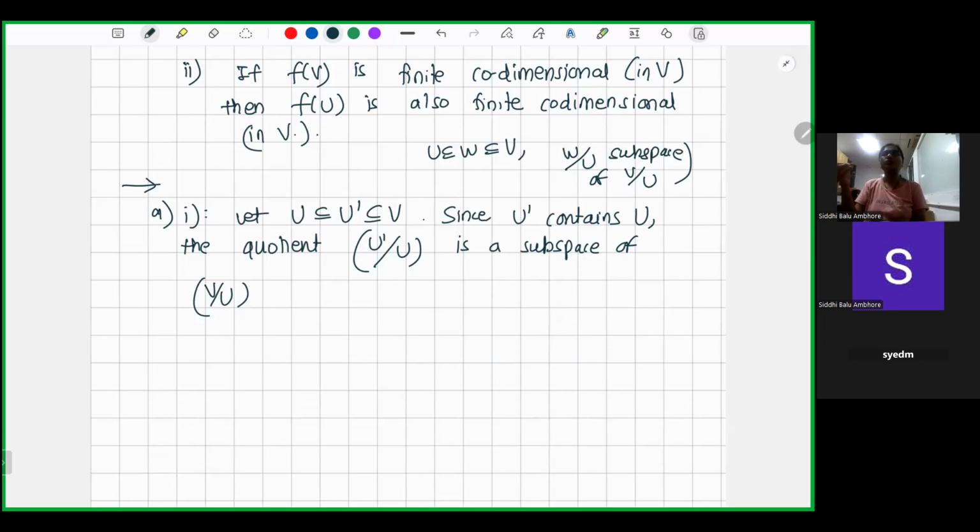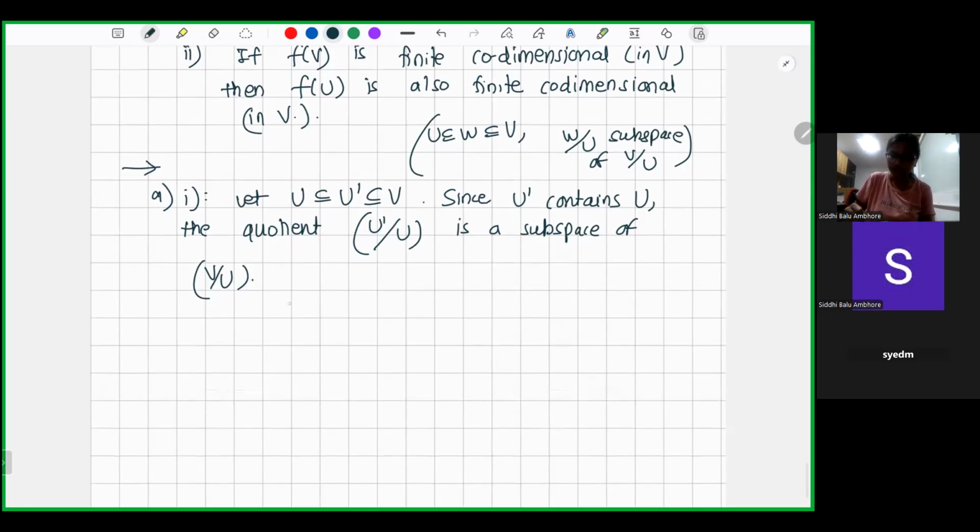So this W quotient U was a subspace of my original space V quotient U. So this is there, and so we have this, right? That if that is the case, then this V quotient U dash will be isomorphic to V quotient U quotiented by U dash quotient U.